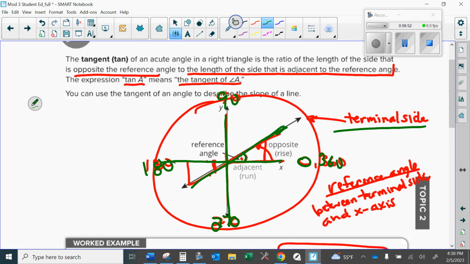Okay, so you're always starting at 0. I go up, if it ends right here, that's called the terminal side, like the ending side. Between the terminal side and the x-axis, this right here is always the reference angle, which is why it's pointed to that right there. Okay, so this is the angle we're always referring to.